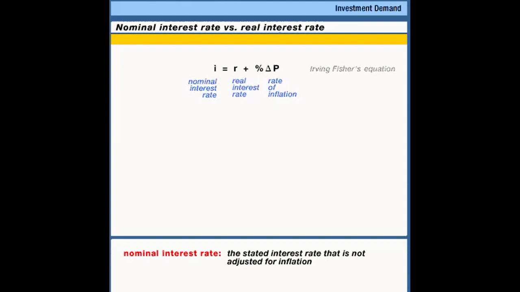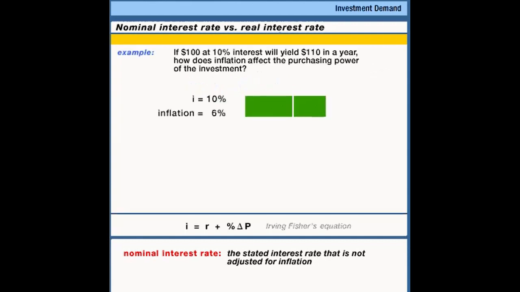Let me see if I can make this clear with an example. Suppose the bank agrees to pay you 10% interest. So you put $100 in today, at the end of a year you're going to get $110. Your question is, how much of that money just goes to keep my purchasing power constant? That is, suppose the rate of inflation is 6%.